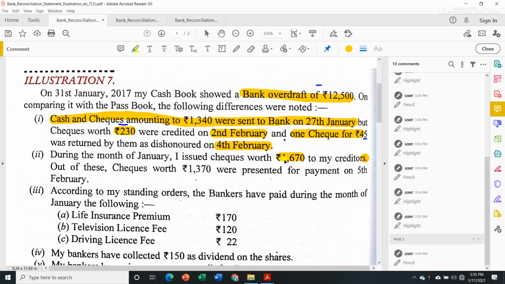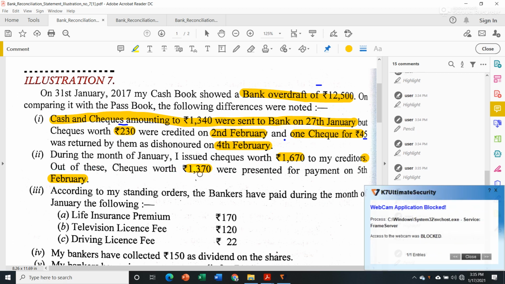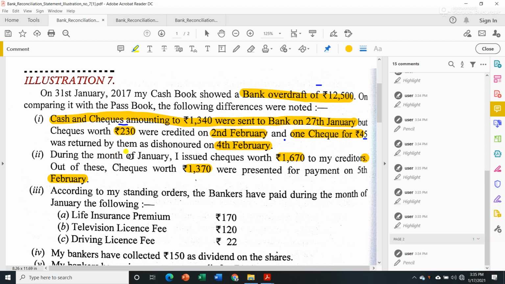Means out of this 1670, actual payment of 1370 was made on 5th February. That means this 1370 we are showing as excess payment in the month of January in our cash book. So we will simply add this 1370 in our cash book, so that we can equate our cash book and passbook.